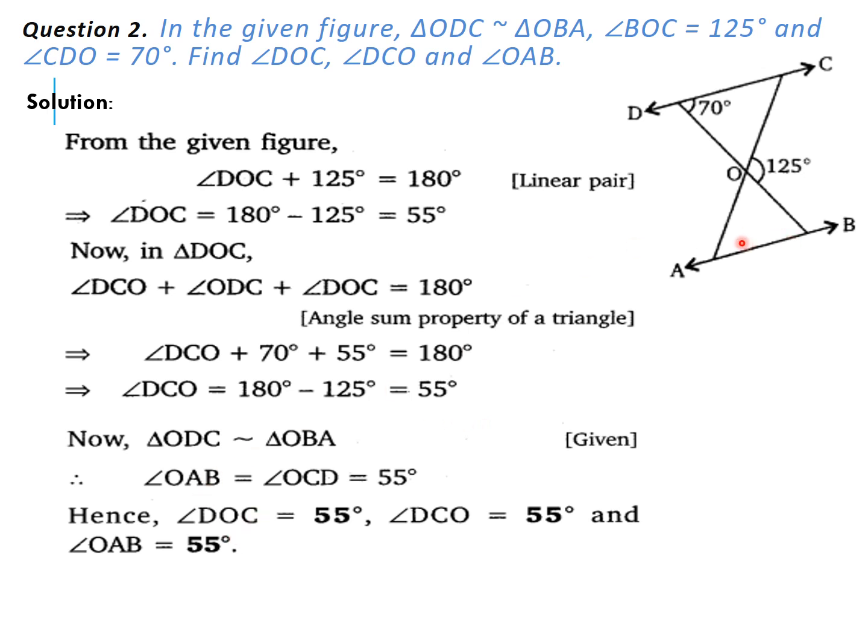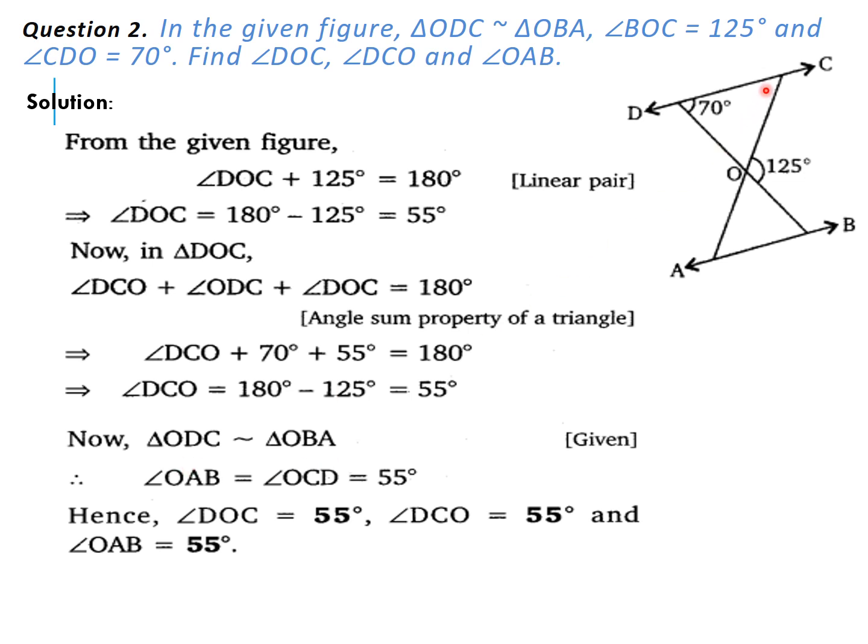Next, we have to find out the value of this particular angle OAB. Now, it is already given that this triangle ODC is similar to OBA. Since these two are similar to each other, we can say that angle C right here, this angle DCO, is equal to OAB, right? By this one, we know that the corresponding angles are equal.